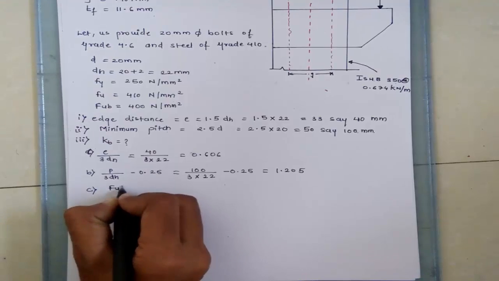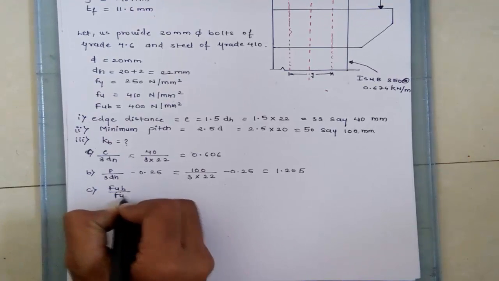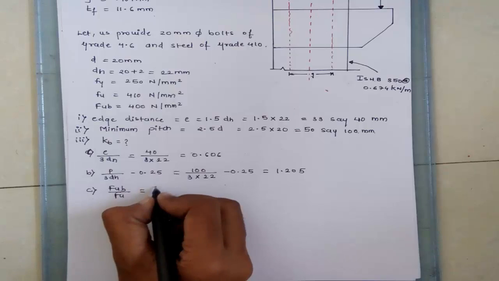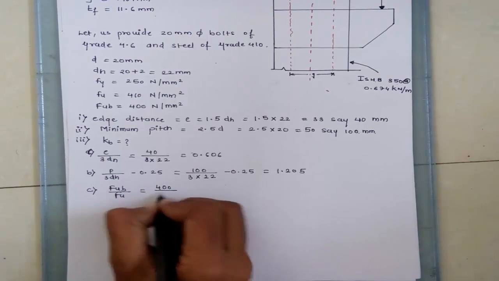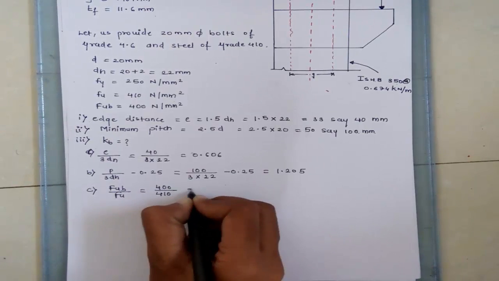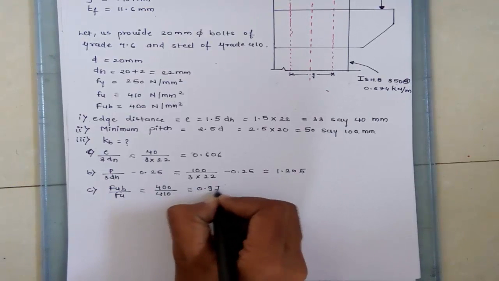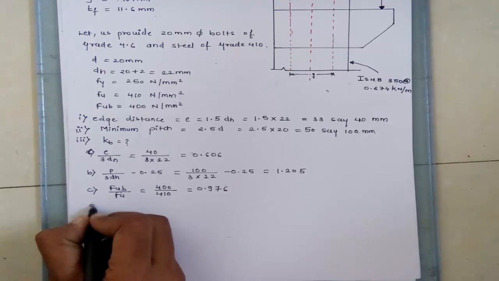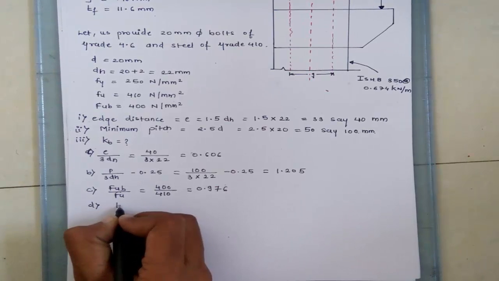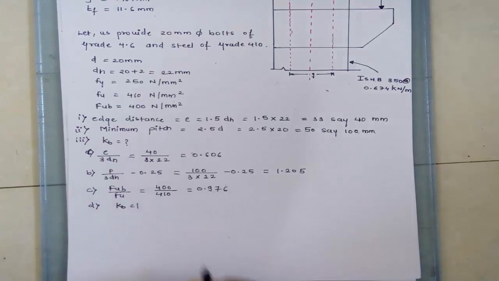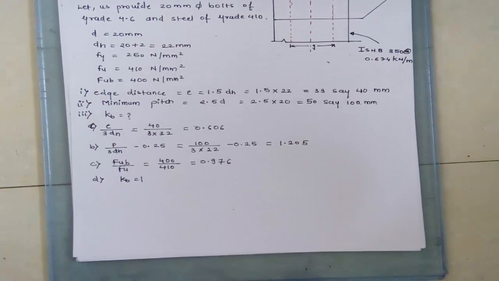The third one is fub upon fu, which gives 0.976. And the last one is 1.